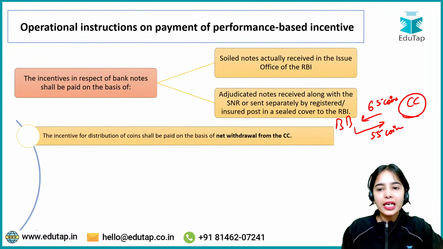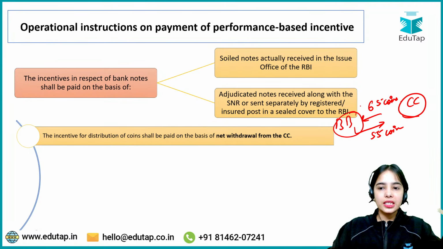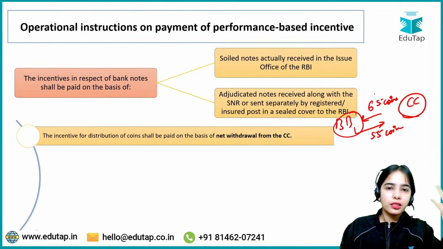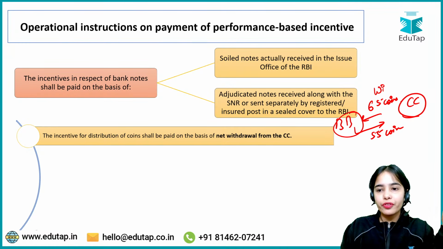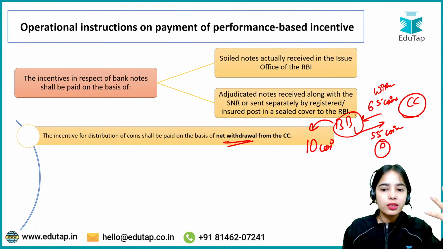So can we say that the bank branch is increasing the distribution of coins by 65 in the economy? 65 coins have been withdrawn from the currency chest to provide to the public, while 55 coins have been deposited in the currency chest. So in total, the net withdrawal is only of 10 coins.